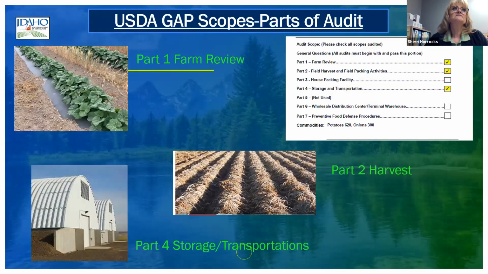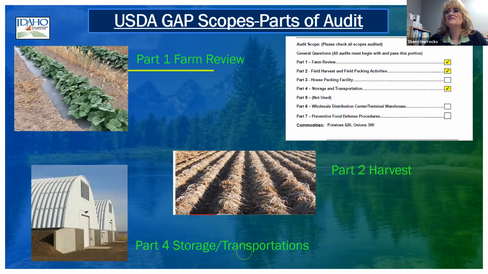The USDA GAP audit is when a grower calls in and schedules the audit, and you let us know which part or scopes of the audit you are requesting us to perform. The audit is broken down into part 1, the farm review, part 2, the harvest field packing section, and part 4, the storage transportation section.